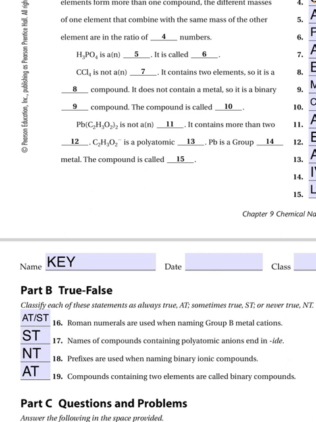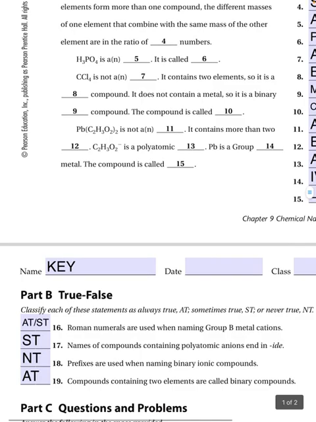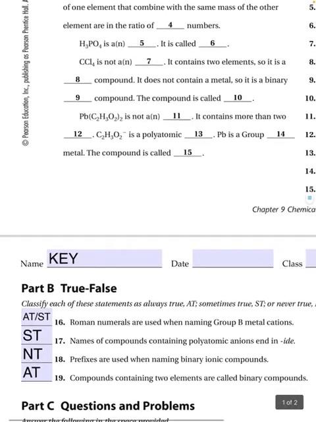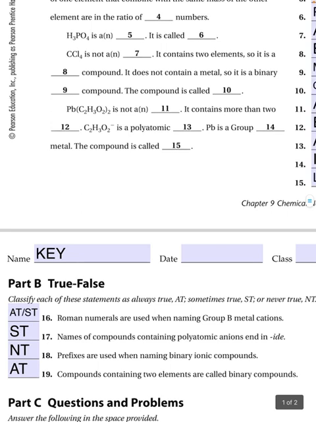It's always +1. Okay? So I guess you don't need a Roman numeral. If you put silver Roman numeral 1, nobody would say anything, except you'd be wasting your time. So I guess it could be sometimes true from that standpoint. It's not a very good question, because I don't like being able to give different answers depending on how I interpret it.